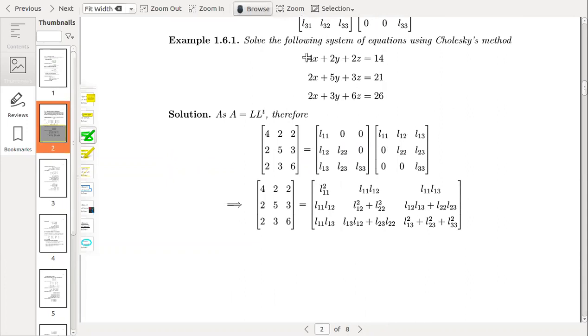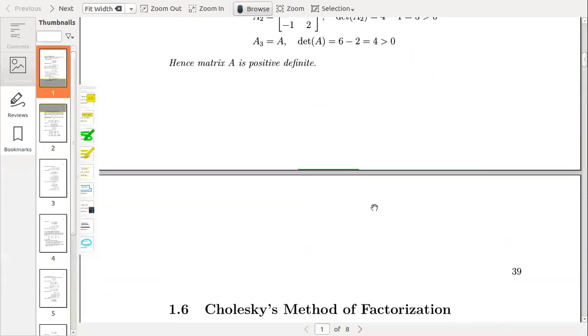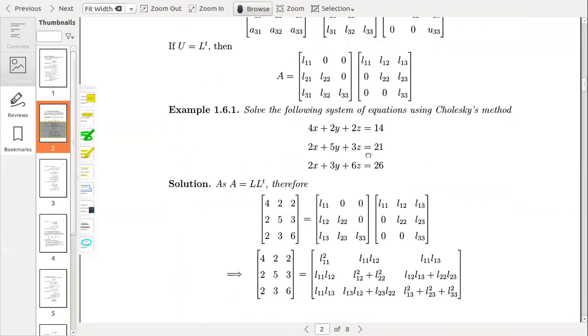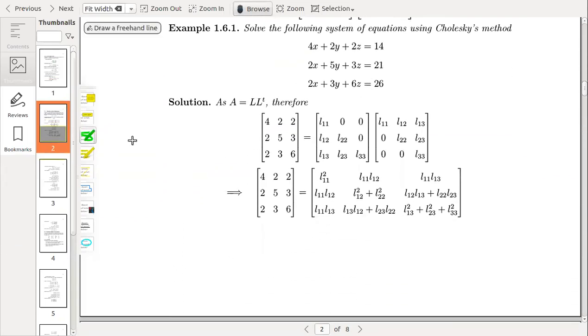This is the example. Solve the following system of equations using the Cholesky method. 4x plus 2y plus 2z is equal to 14. Just observe this matrix of coefficients: 4, 2, 2, 2, 5, 3, 2, 3, 6.